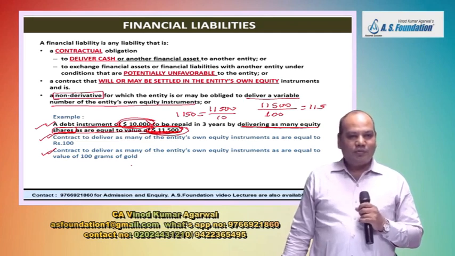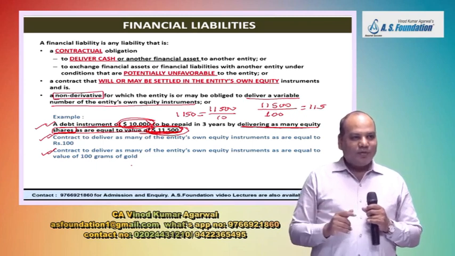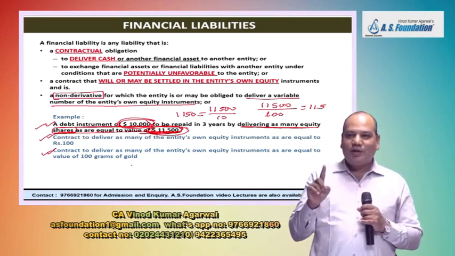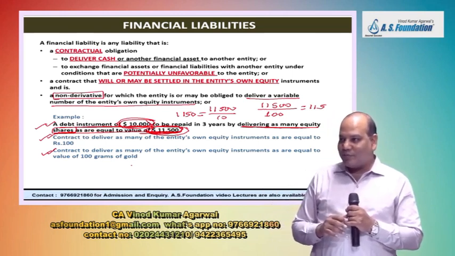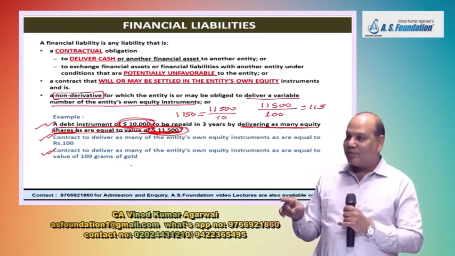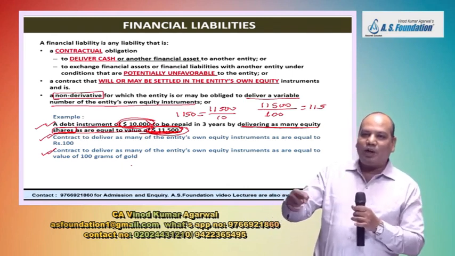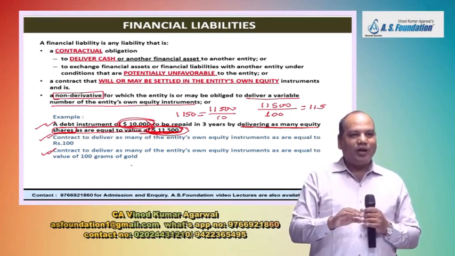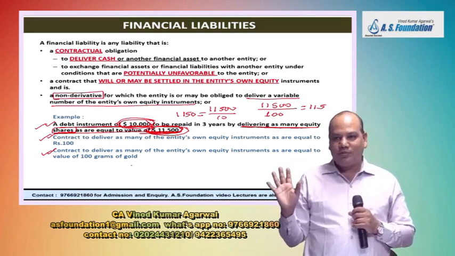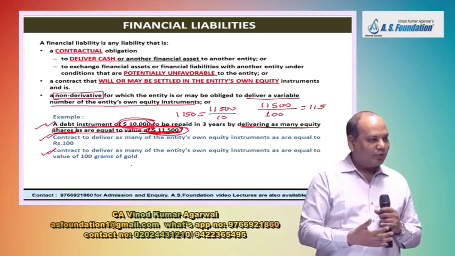Or a contract to deliver as many of the entity's own equity instruments as are equal to the value of 100 grams of gold. So here there is actually a double variability. First of all, you have to find out what is the value of 100 grams of gold. That will vary, and to settle that amount, you have to pay in equity shares, and that will depend on the value of equity shares. So if 100 grams of gold is worth 3 lakh rupees and the market price of a share is 300 rupees, you have to issue 1000 shares.